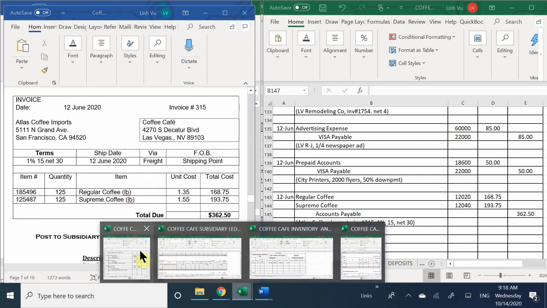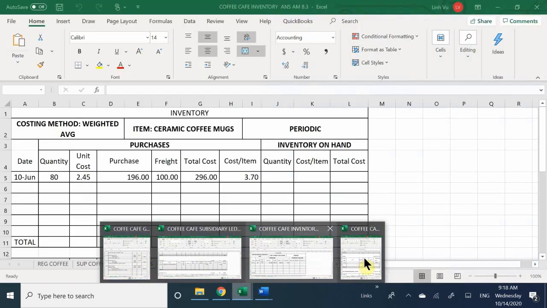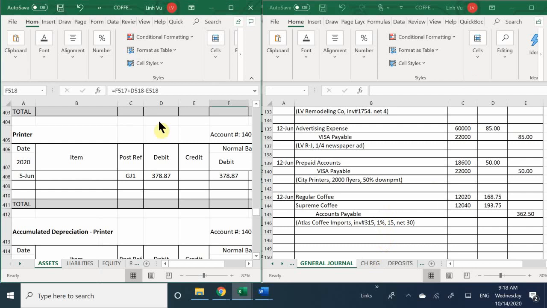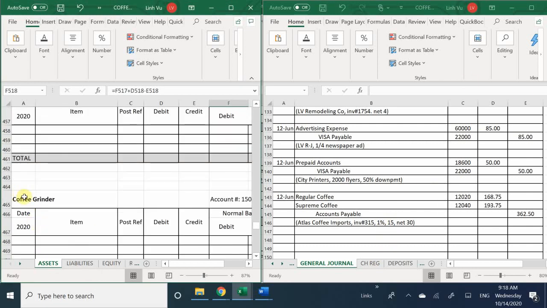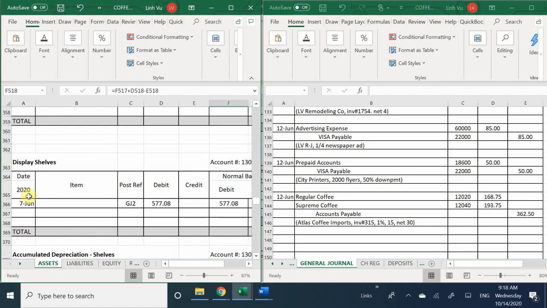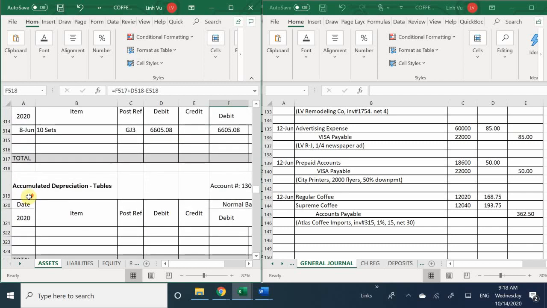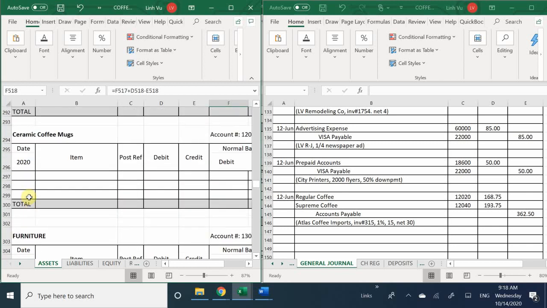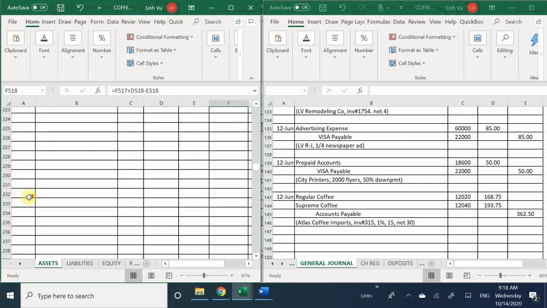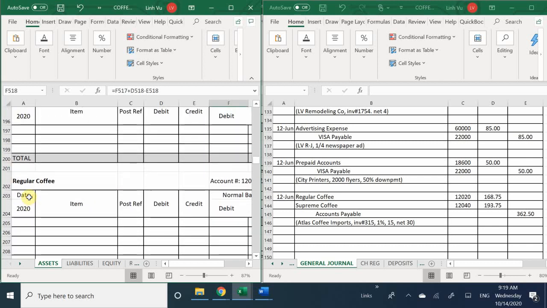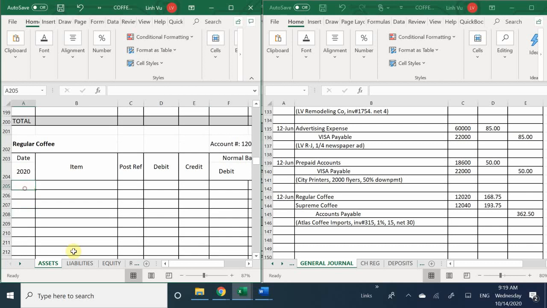Okay, so let's go ahead and place it into our ledger under assets. Here I am way off, so scroll up until I find my inventory, which is right here. So my regular coffee, right? I'm going to go ahead and enter it in here for June 12.